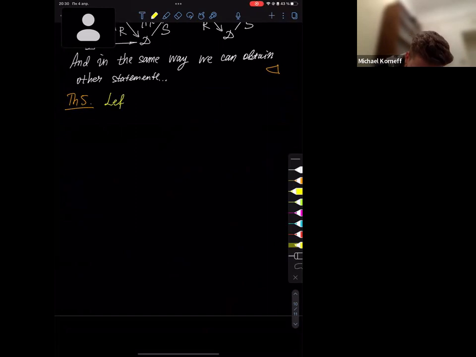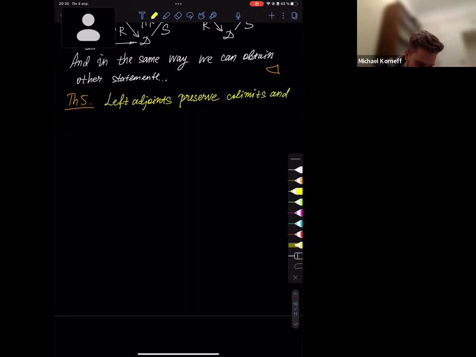Left adjoints preserve colimits, and right adjoints preserve limits.